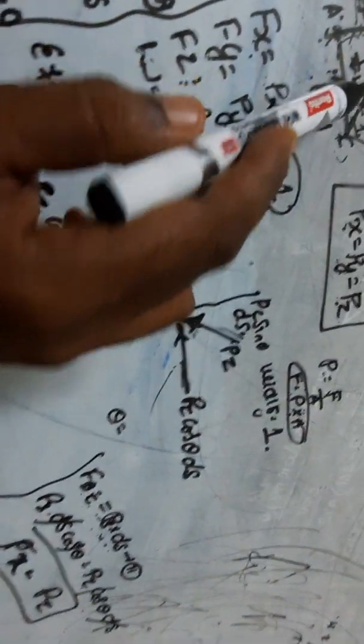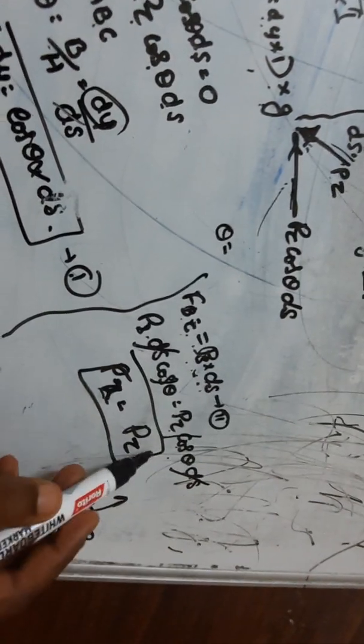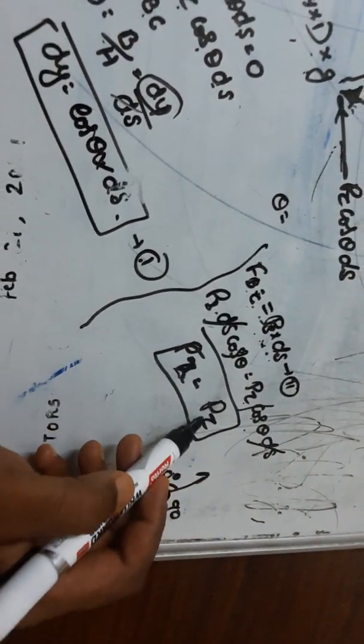Pz is horizontal. So the equation becomes Px is equal to Pz.